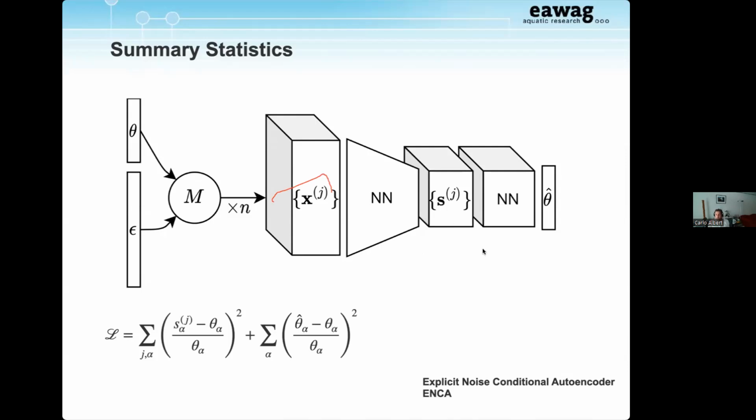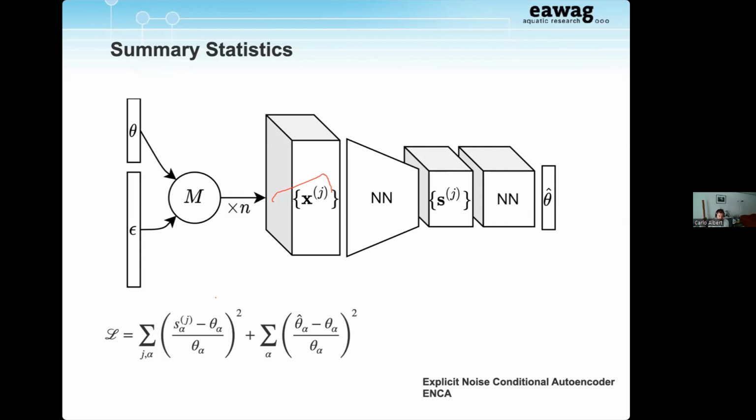extra information. So it creates an incentive to the encoder to use these extra slots to encode information about different types of model behaviors, because different types of model behaviors might have very different amounts of information about the parameters. If you think back of our simple toy model, the AR1 model, if you go to the upper attractor, you have much more information about the alpha parameter than when you go to the lower attractor.